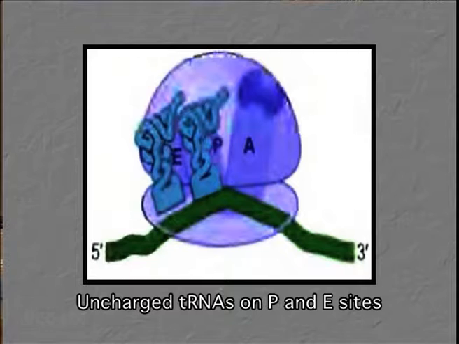So the net outcome of these release factors is the hydrolysis of the peptide bond, and the generated protein is released from the tRNA. Then what remains left is the existence of uncharged tRNAs onto the P site and the E site. And finally, this is done by ribosome recycling factors.